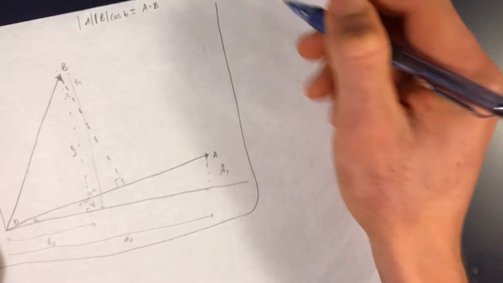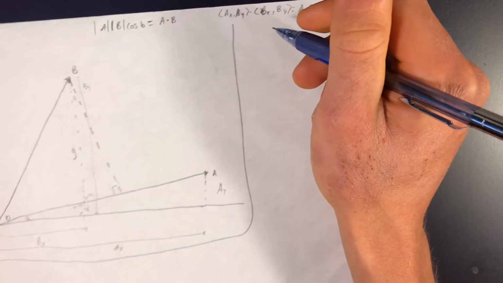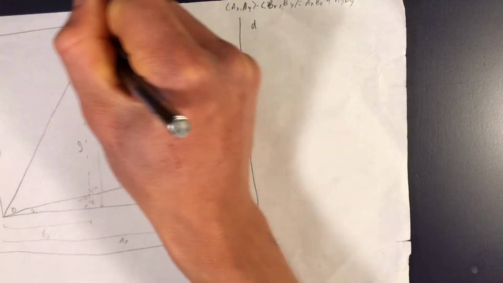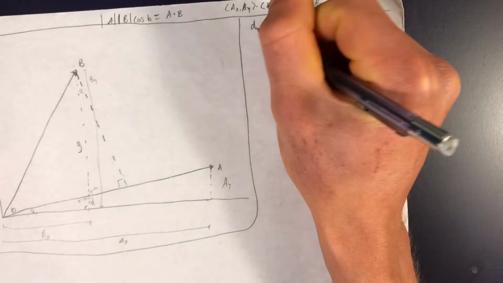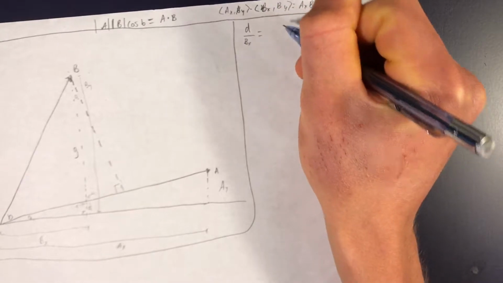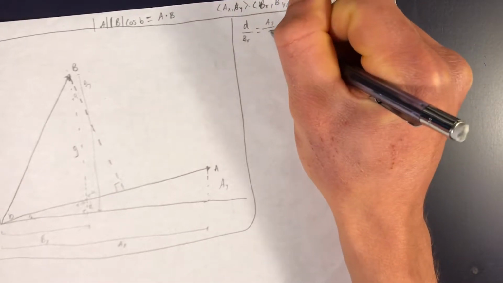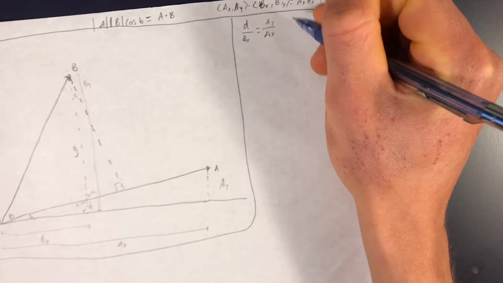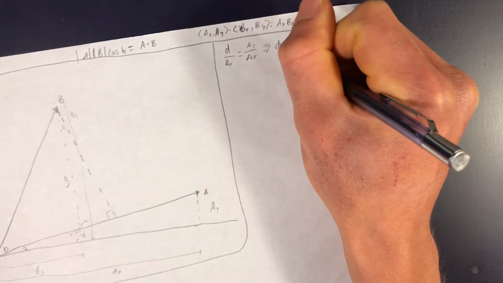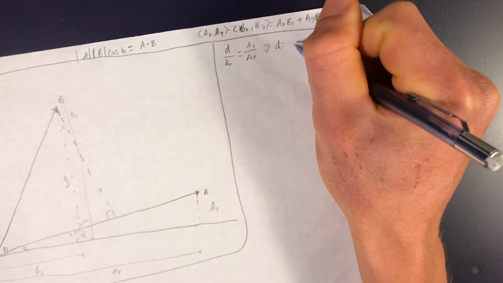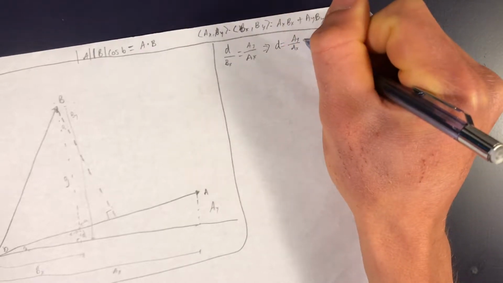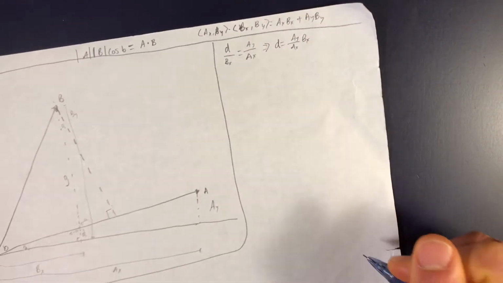Okay. We're going to start our work up here. So what we're going to say is D over BX equals AY over AX, which means D is equal to AY over AX times BX.